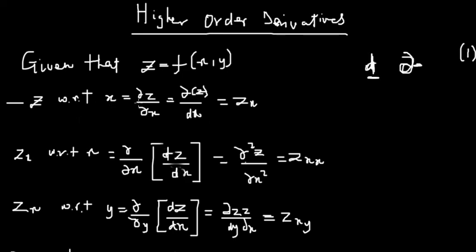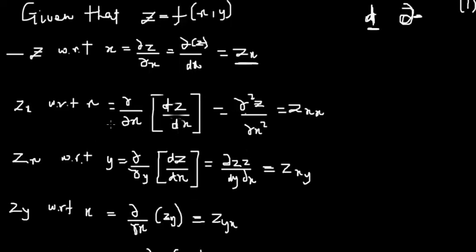So we have the partial derivative of z over the partial derivative of x, and that gives us zx. If you watched a video on partial derivatives, you would understand this notation. Now let's proceed.